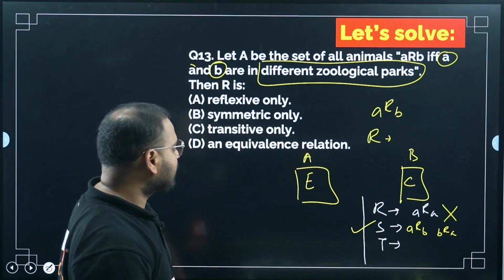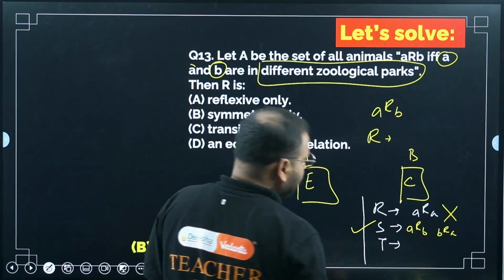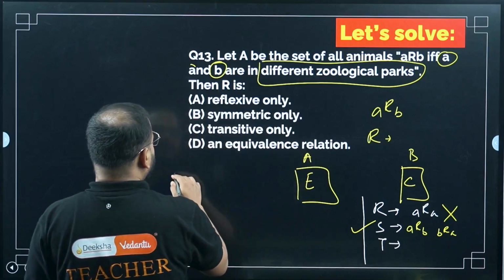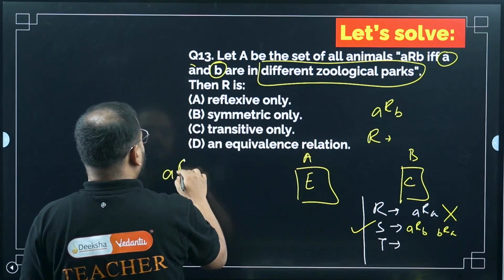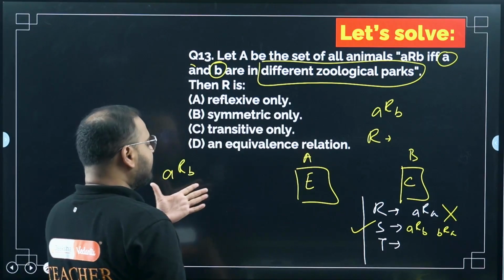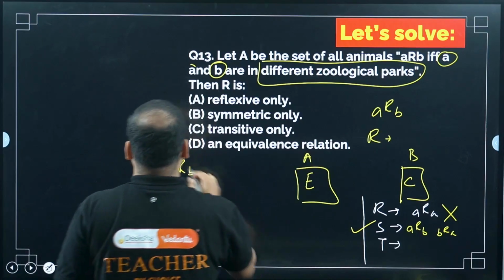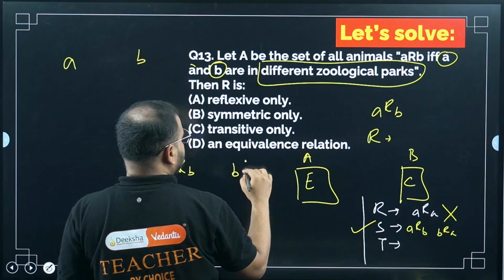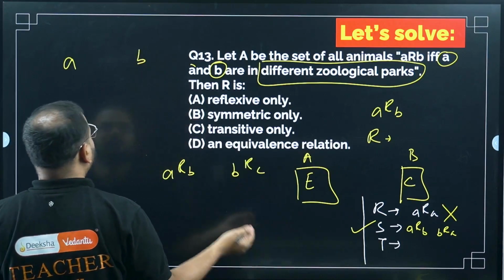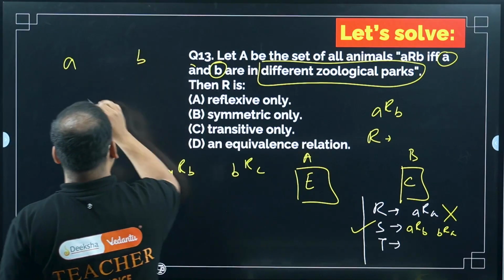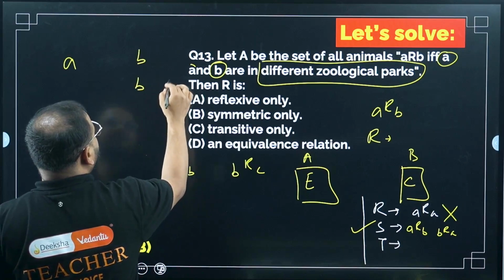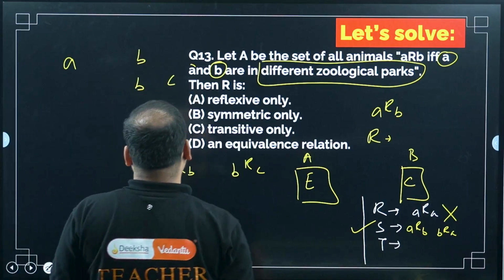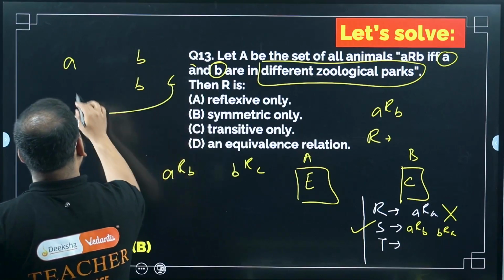What about transitive? Check here. If I write transitive as ARB, it means A and B are in different zoological parks. So A is here, B is here. Now I'm writing BRC. So B is here, C is somewhere here. Now what if this C is actually over here?